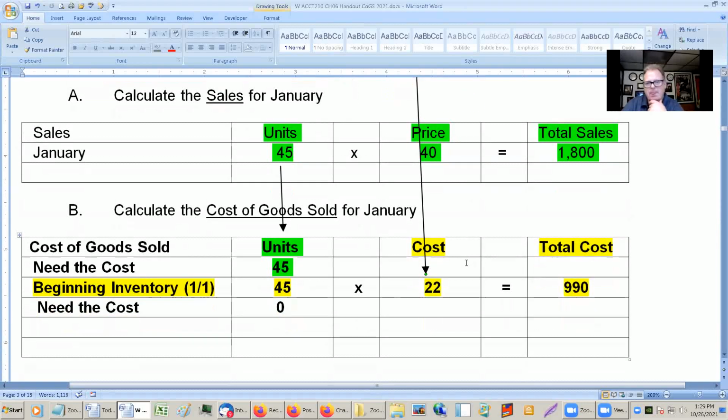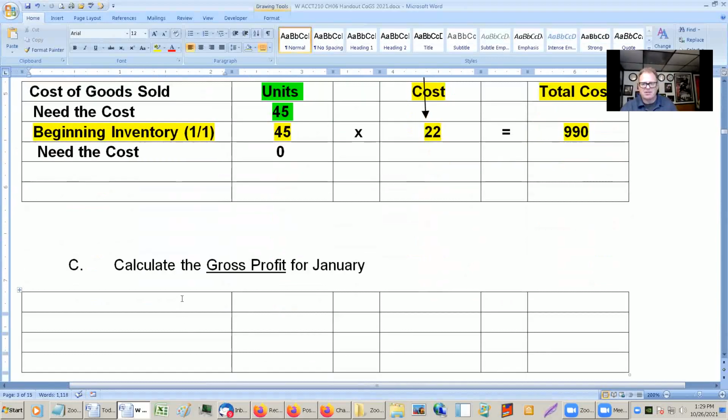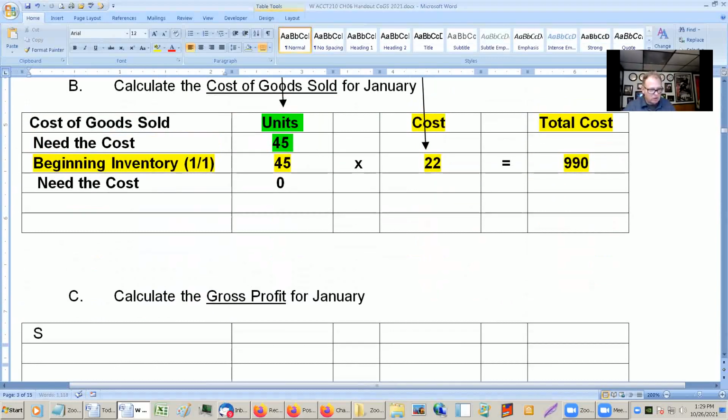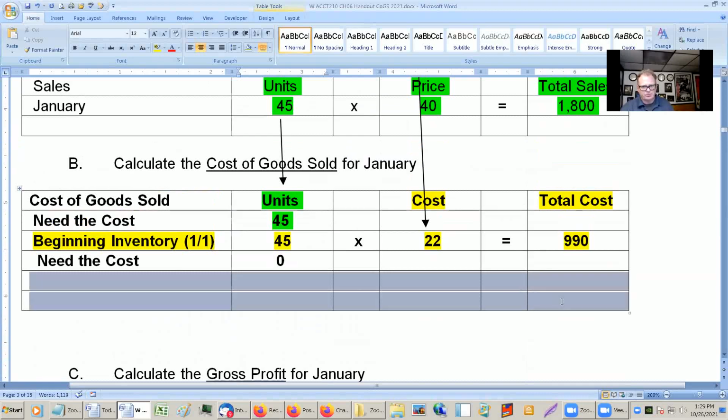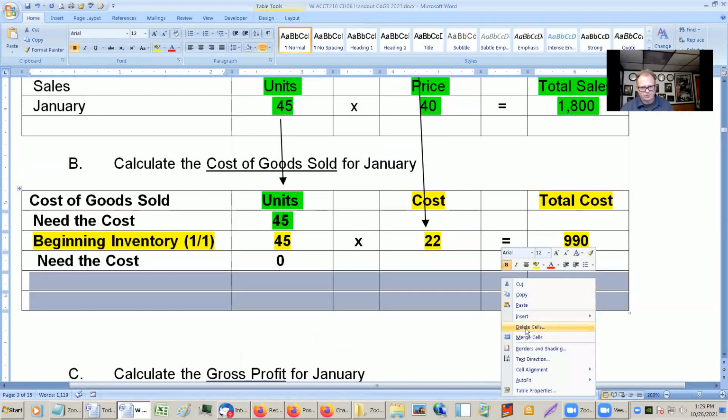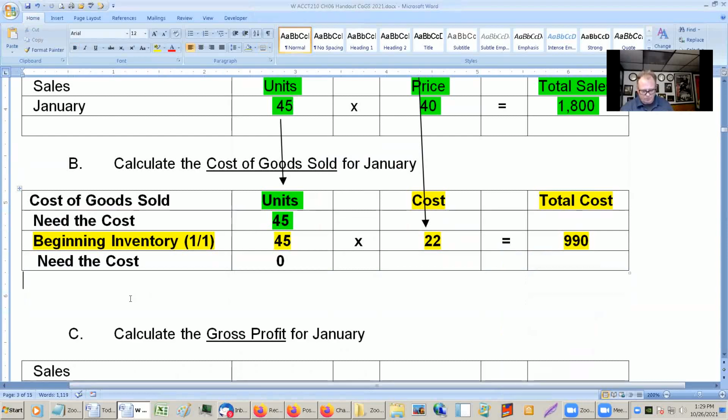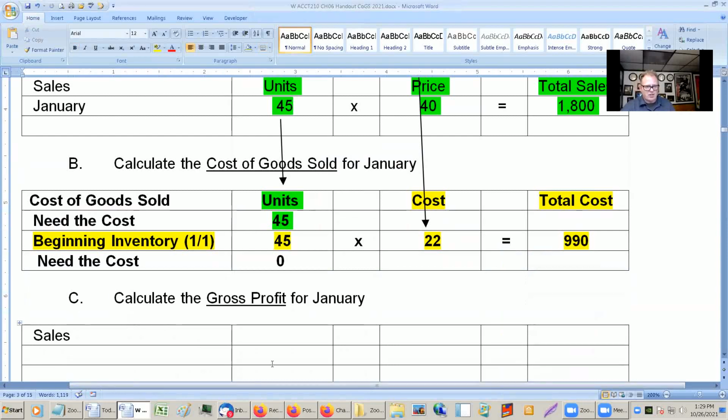Okay, so coming down here to our gross profit, we would have sales. Sales were 1,800. Our cost of goods sold, $990.